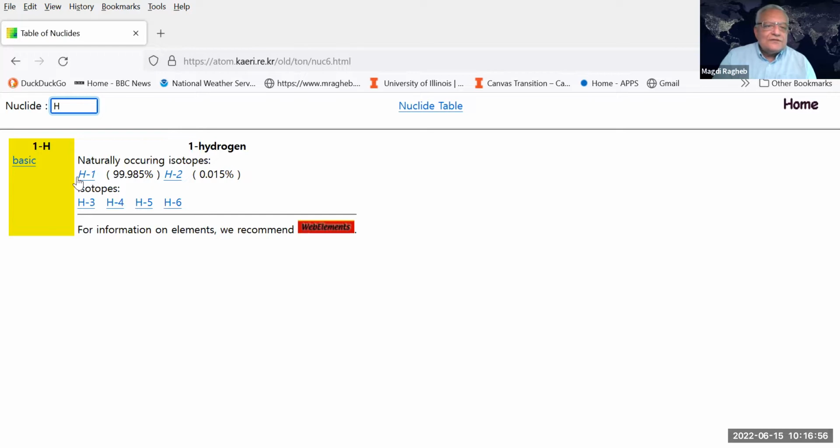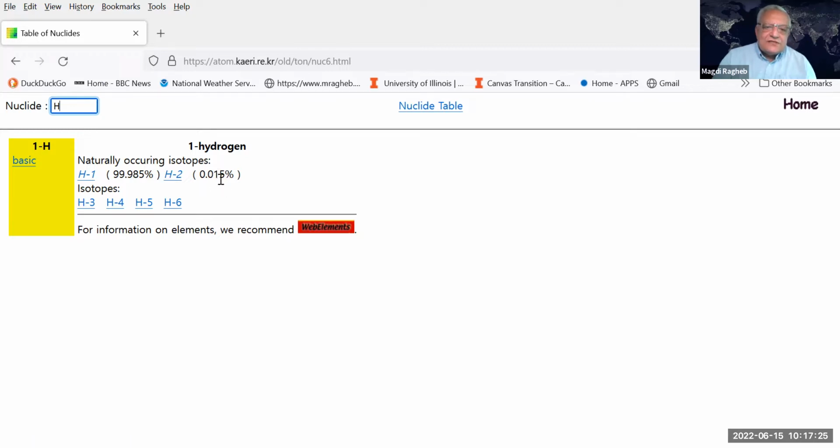You notice that hydrogen is primarily the isotope H-1, the most common element in nature, obviously. The hydrogen-1 is 99.98% in nature, but we have a form of hydrogen where there is an extra neutron. We call it deuterium. So that's represented as H-2.